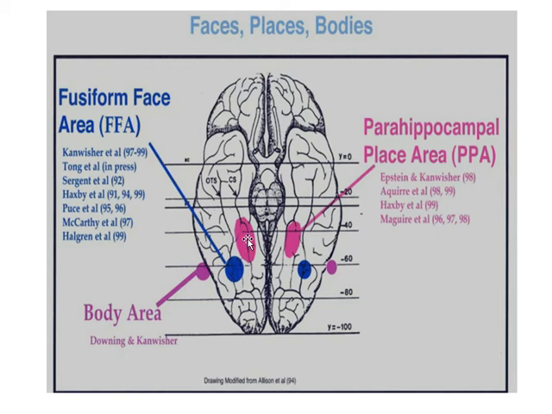So now, to test the reactivation hypothesis, all you have to do is stick people in the scanners and give them visual stimuli to look at, so you can measure what parts of the brain are active during perception, and then ask them to close their eyes and imagine either places or faces or bodies, etc. And sure enough, there is significant overlap in cortical activity between perceiving a place and imagining a place, between perceiving a face and imagining a face.